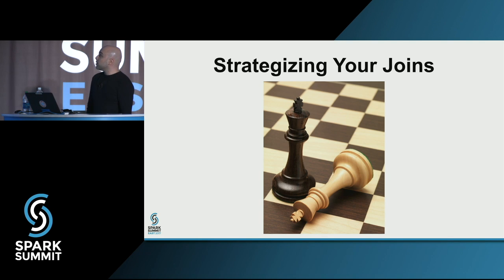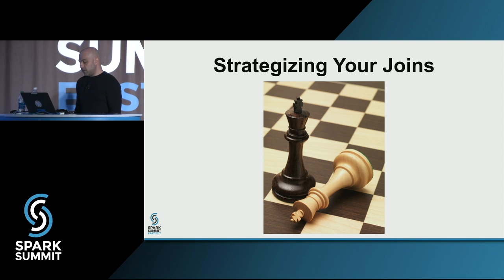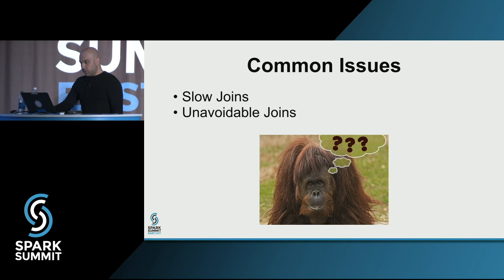Another important thing which we have seen with customers is joins. Joins are everywhere, and there are many things that you have to consider about joins. Two important things are joins which are slow and joins you cannot avoid.